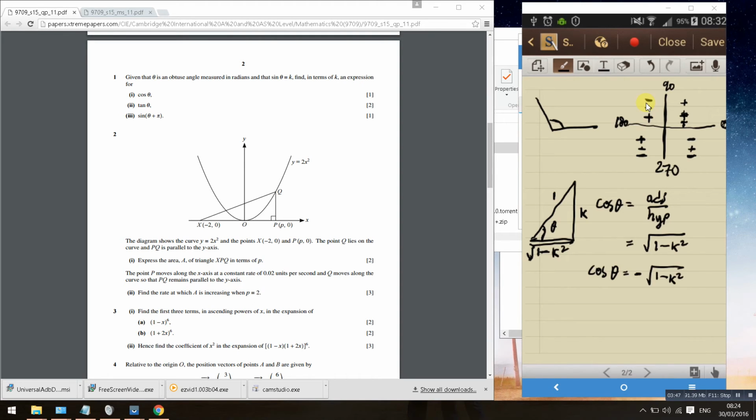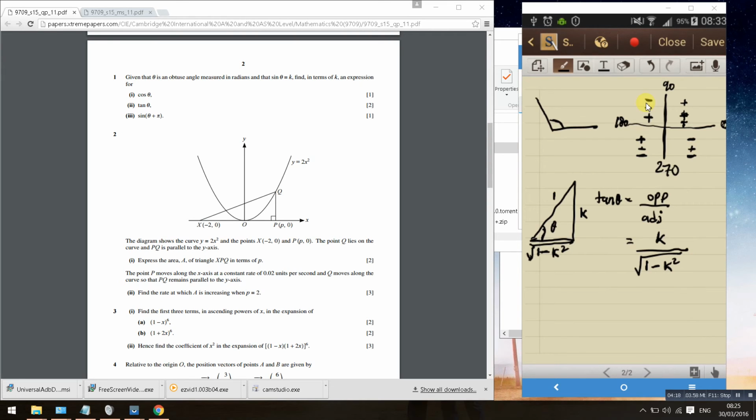For the second part of the question, part 2, they want us to find tan theta. Tan theta, as you can probably recall, is opposite over adjacent, and opposite is k and the adjacent is square root of 1 minus k squared.